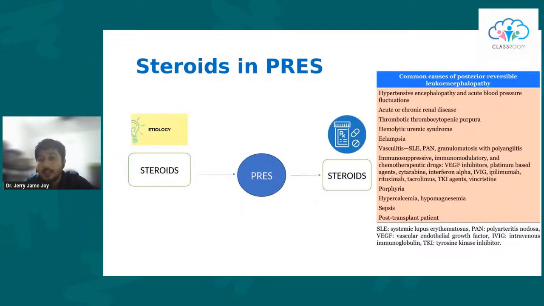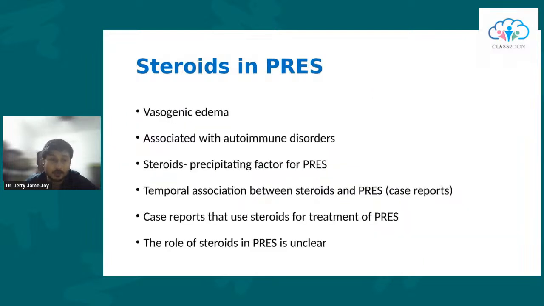It can be seen in other autoimmune conditions, and in patients on immunosuppressive drugs and corticosteroid drugs also. There are case reports where there is a temporal association between steroids and PRES, and there are still case reports where steroids are being used for treatment of PRES also. So the role of steroids in PRES is unclear.